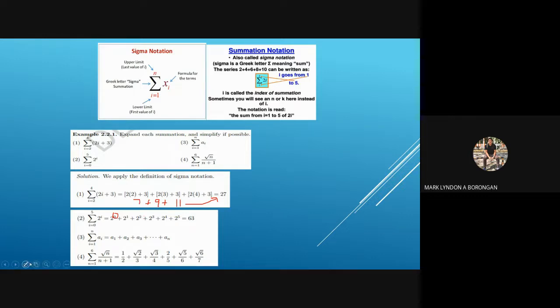So, if ato na siyang gamitan sa atong sigma notation, ang 2 to the power of I will be 2 to the power of 0 plus 2 to the power of 1. Atong 2 to the power of I will have an increasing characteristic because nag-sum up man ta up until 5, ang upper limit. So, it spreads to six terms, because 0, 1, 2, 3, 4, 5 man.